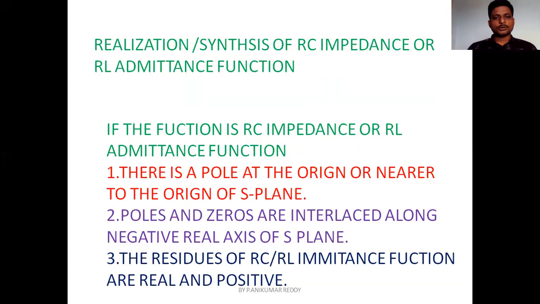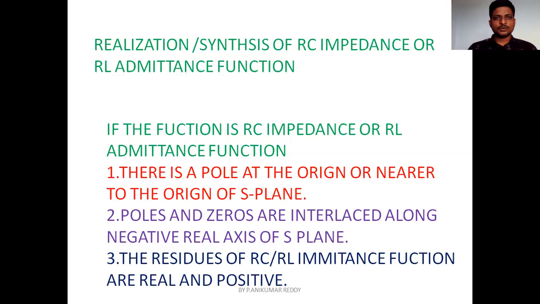The first property: the given function has a pole near to the origin or at the origin. The starting root must be a pole and that pole must be nearer to the origin. In that case, we can conclude one point.